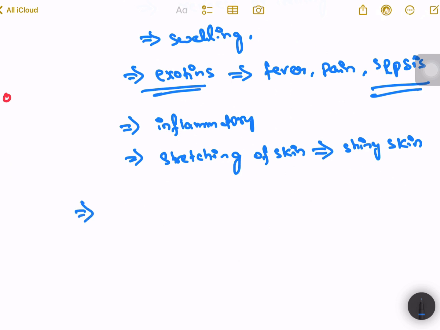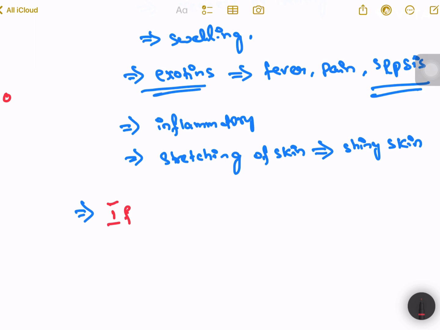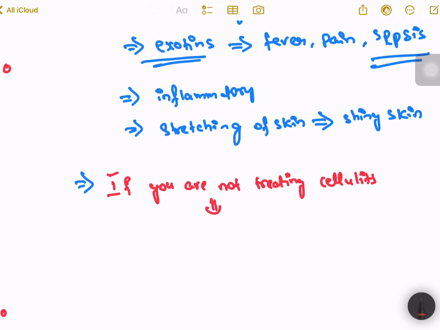What will happen if you don't treat it? Cellulitis is non-suppurative, so it can cause suppuration. Suppuration can lead to abscess formation, or it can cause sloughing of the skin, gangrene.